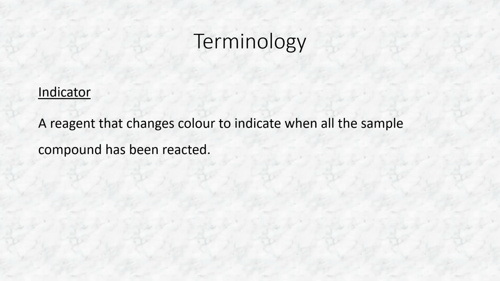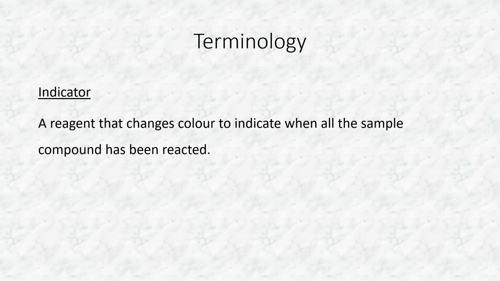So let's talk about some phrases, some words, some terminology that you'll come across. Sometimes you might have had these well explained to you, but often I find students are either just expected to know or to find out for themselves. So the first one we're going to talk about is indicator. The indicator is a reagent that changes colour. It has a very clear colour change, and that will indicate when all the sample compound has been reacted. That's when the colour change happens.